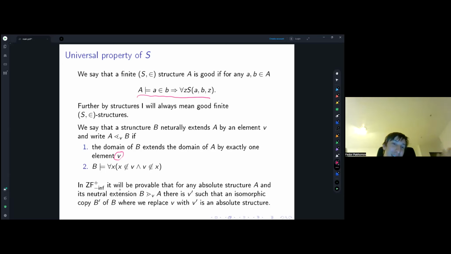I'm sorry, I followed everything, but the definition of absolute structure, could you write it somewhere? Oh, I see. We're only dealing with finite structures at this point.